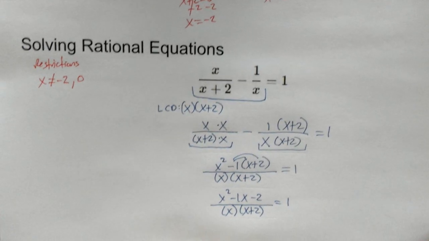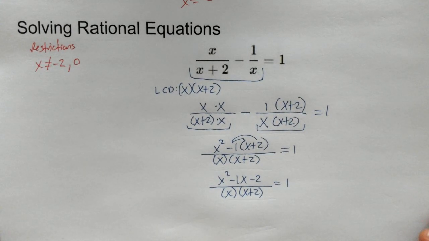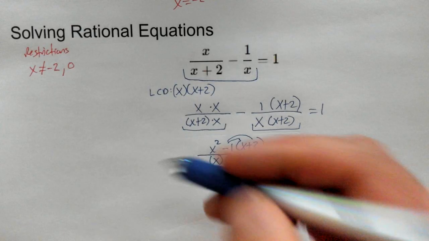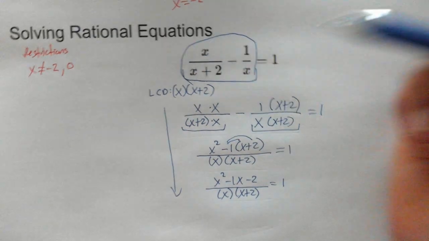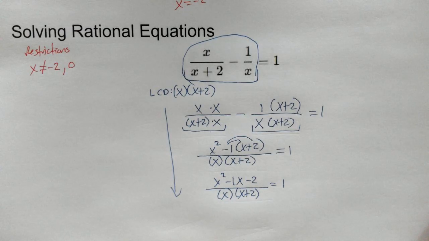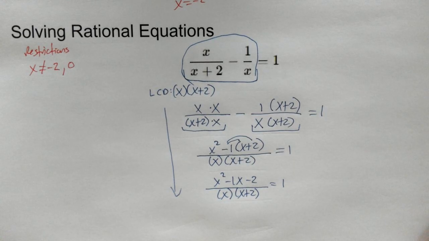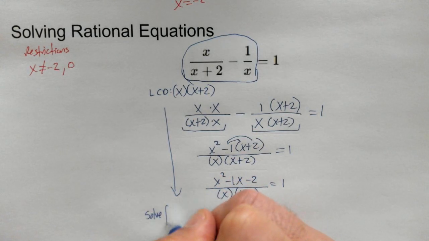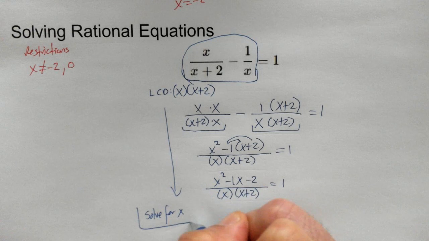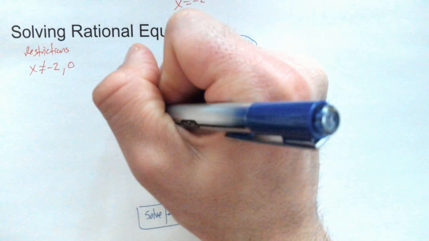Now, all of this has been simplifying the left-hand side. That's all we've been doing. Right? Once it's simplified, I can start to solve for x. This is now solve for x. All of this was simplifying.